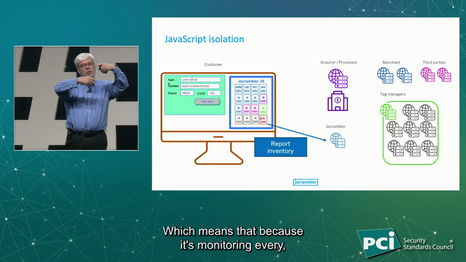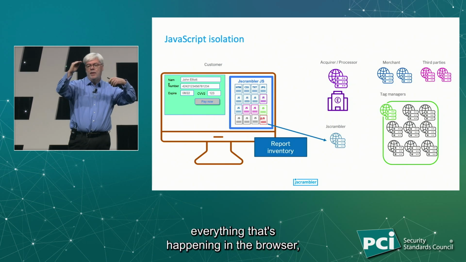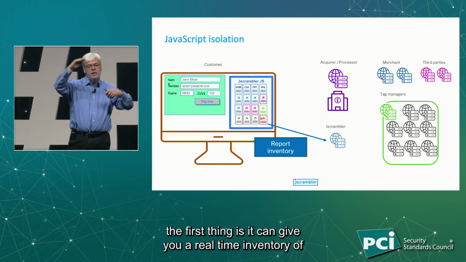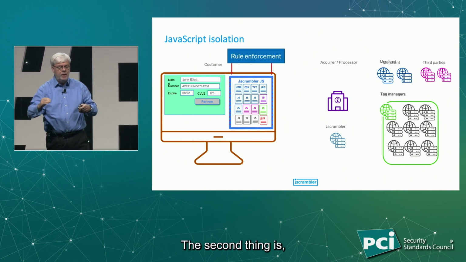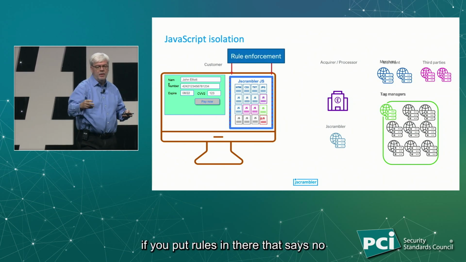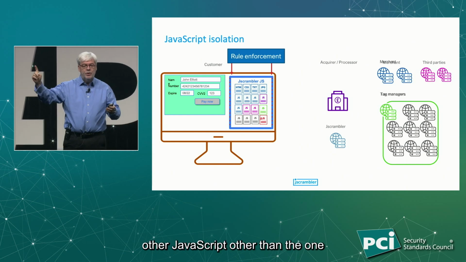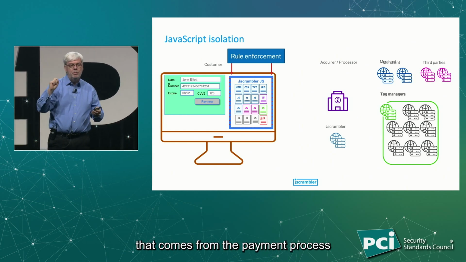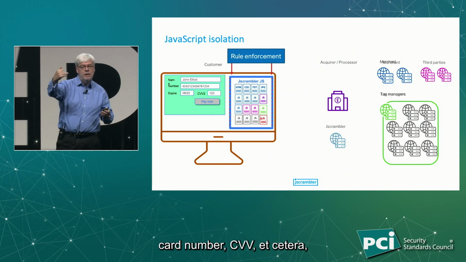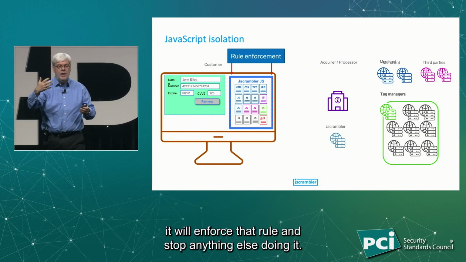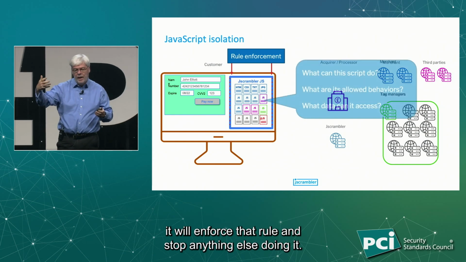Which means that because it's monitoring everything that's happening in the browser, the first thing is it can give you a real-time inventory of all JavaScript in the browser. The second thing is, if you put rules in there that say no other JavaScript other than the one that comes from the payment processor can access these six form fields of card number, CVV, etc., it will enforce that rule and stop anything else doing it.